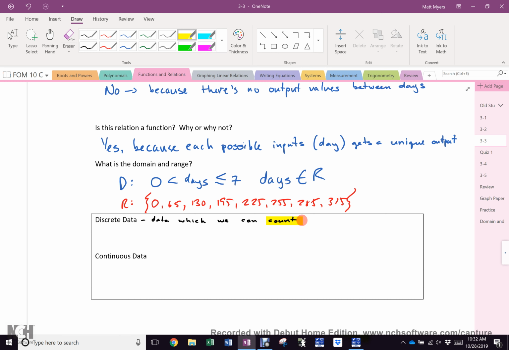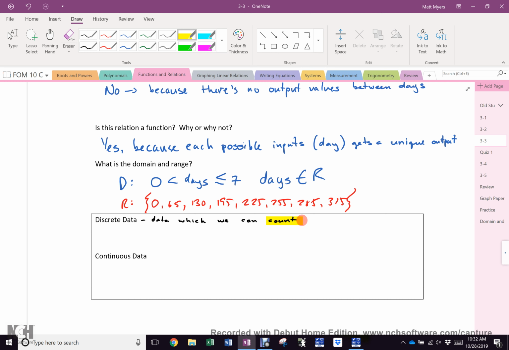Now this is going to get weird. If I make a list of all of your heights, those are counted, so it is discrete, yes? But for you personally, have you always had a height? Yeah.